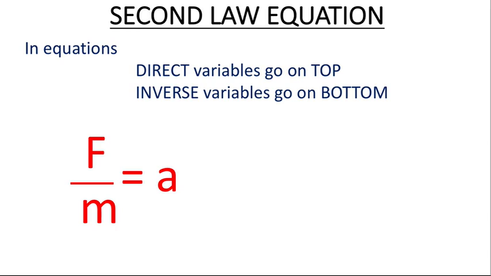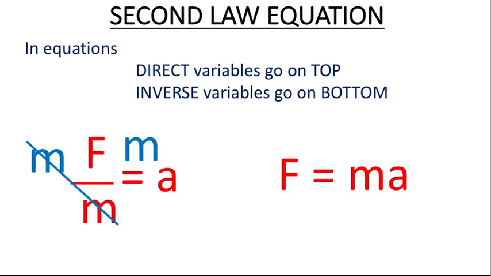I don't know about you, but I don't like fractions, and so we usually don't write it in this form. What I'm going to do is get rid of the fraction by multiplying by m. But the number one rule of algebra says that if I do something on the left side, I have to do it on the right side.